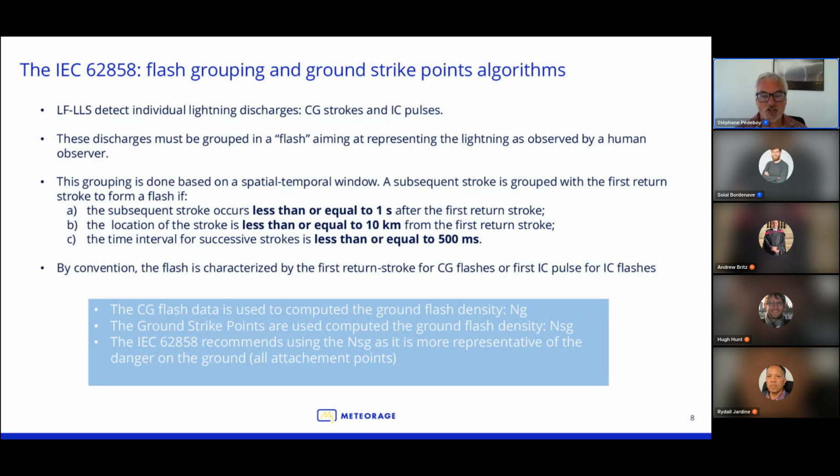You see, it's still ground flash density, but based on the ground strike points, and it's called the NSG. And the IEC 62858 recommends using the NSG because, as I introduced, this data is much more representative of the real danger occurring on the ground, as it detects the real points of danger compared to the flash, which is just picking up the first ground strike point. That's it. So the standard recommends using the NSG when, of course, the data is available.